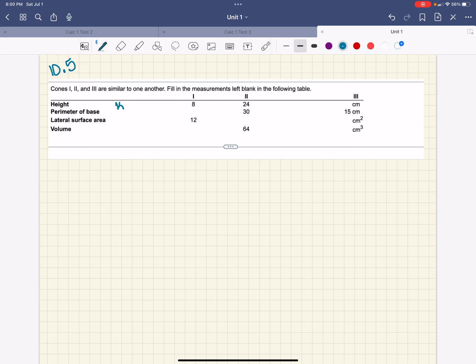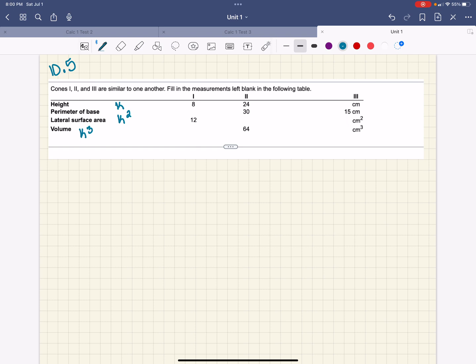But once we get to surface area, it is something squared. Whatever the relationship is for height and perimeter, that same relationship is going to be squared for surface area. Then once you get to volume, it is cubed.